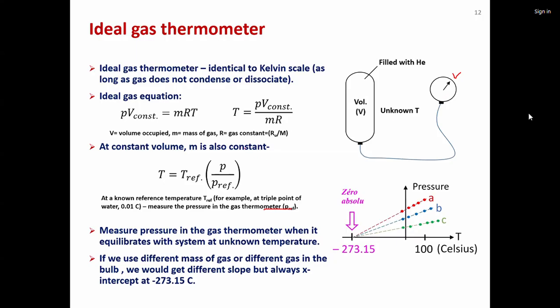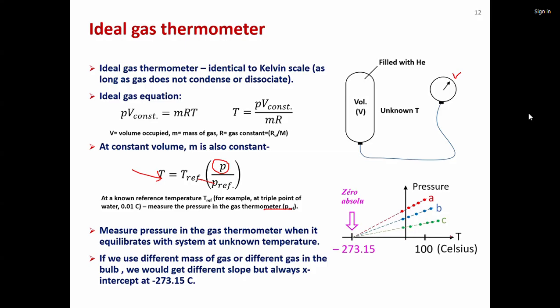So basically you write that T = Tref times P/Pref. Now these are reference conditions, and for an increased pressure because of the exposure of this tank to a higher temperature, you can predict what the temperature is.